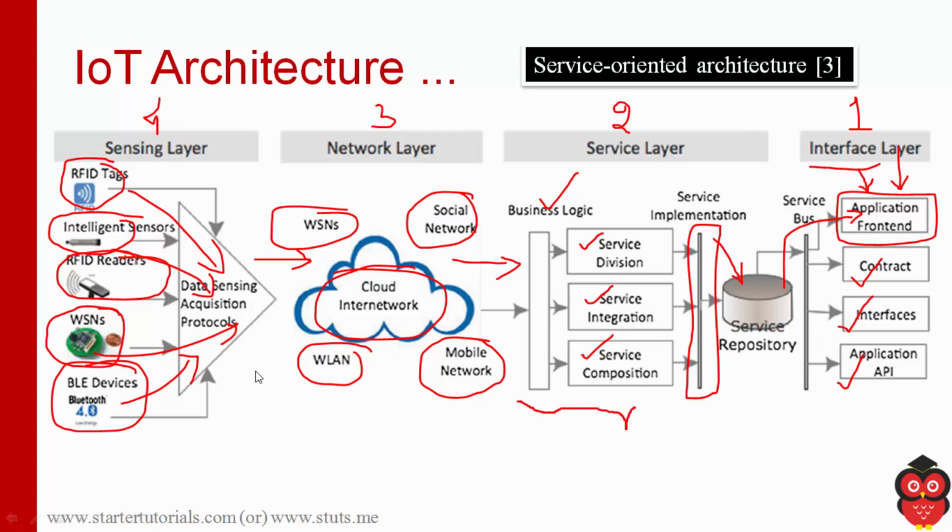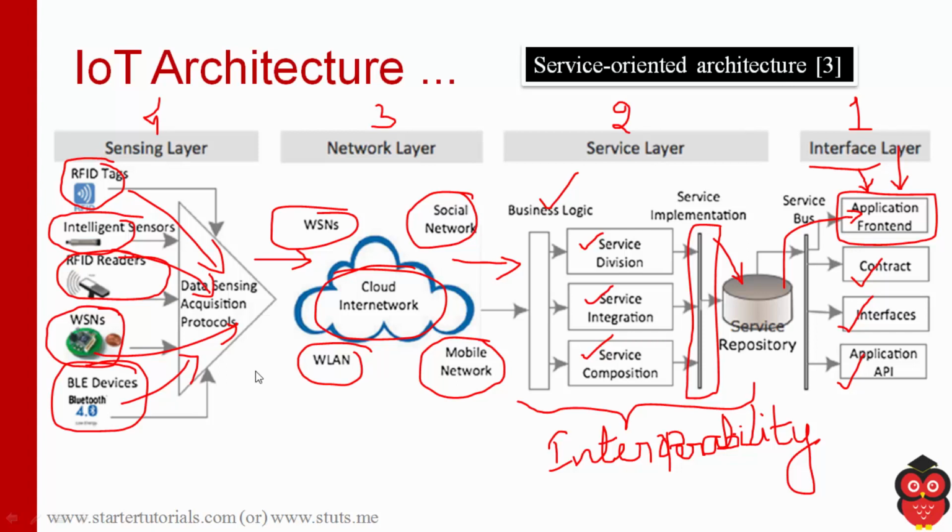So I was talking that there was interoperability, right, in this architecture. So the interoperability is provided by the service layer. So it offers a common platform for all the people who want to access the services.